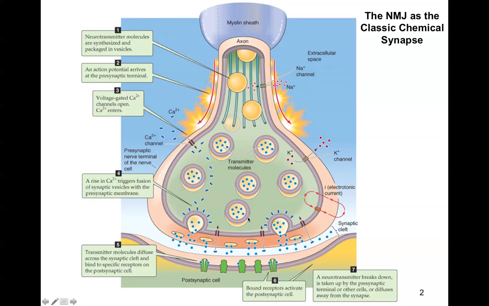So in the neuromuscular junction, this particular neurotransmitter happens to be what we call acetylcholine. So acetylcholine is being released, exocytosed into the synaptic cleft, and it's binding to an acetylcholine receptor on the postsynaptic membrane of the skeletal muscle. And when acetylcholine binds to its receptor on the postsynaptic cell, it opens another ion channel in the postsynaptic membrane.